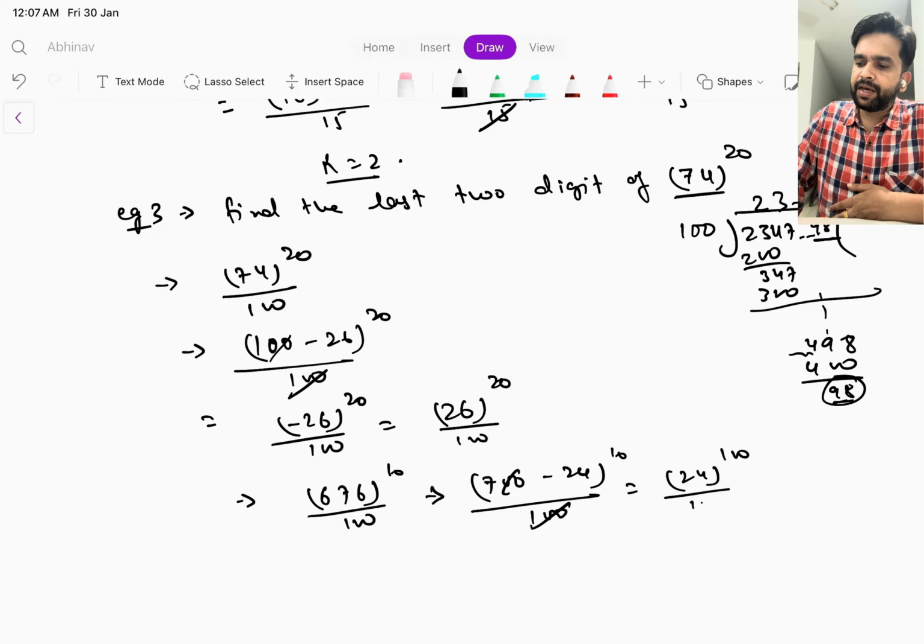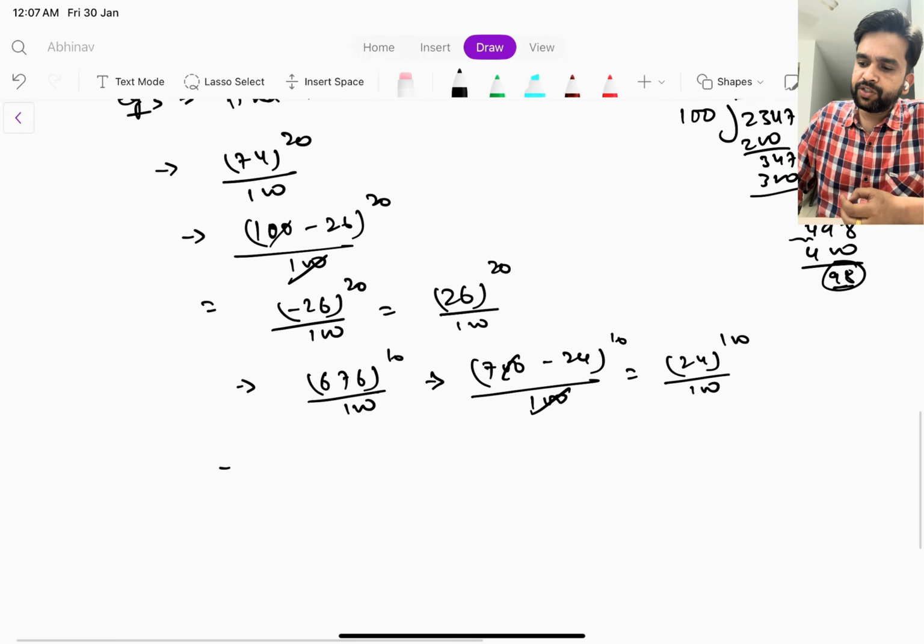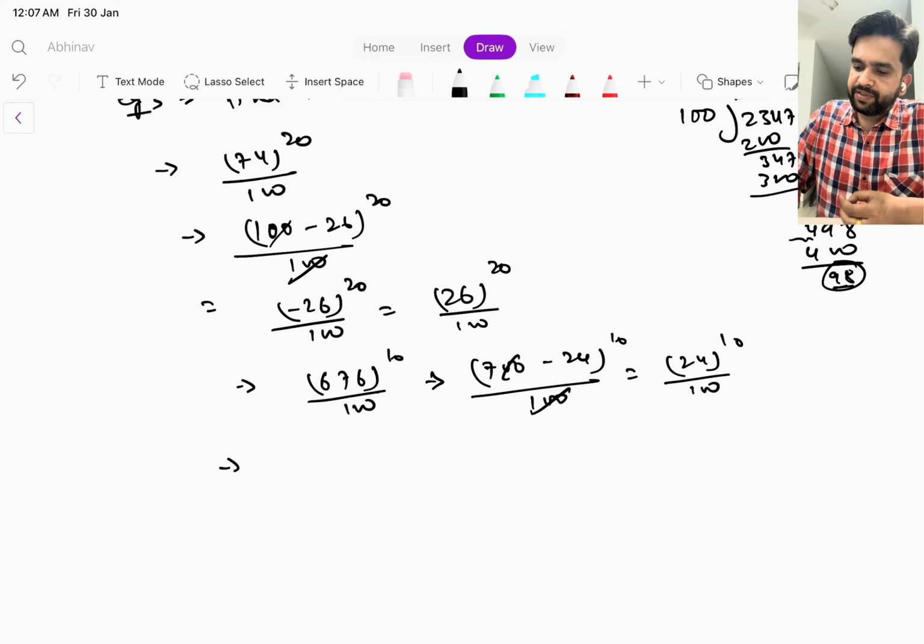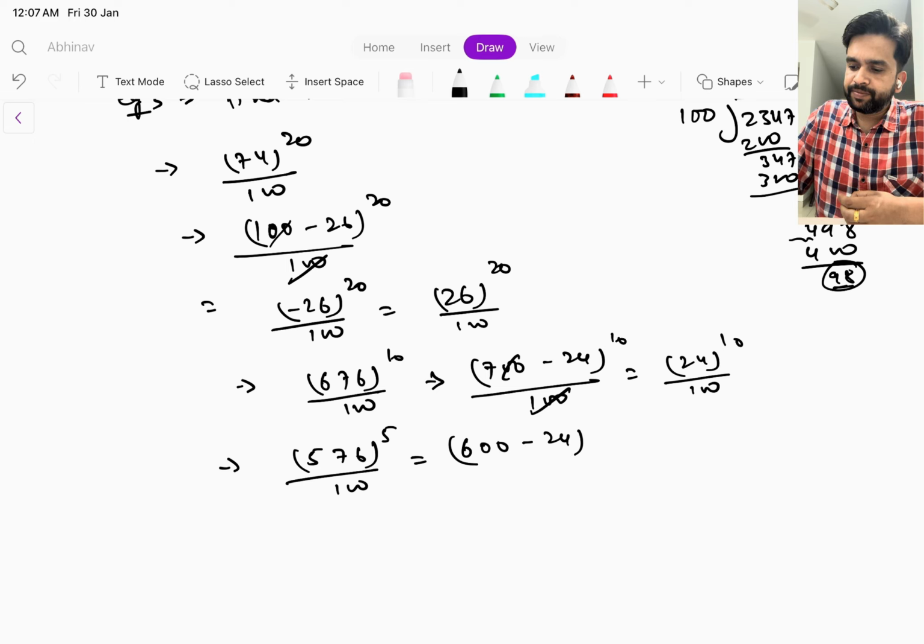Again I'll make 24 raised to power 10 as 576 raised to power 5 divided by 100. Now this can again be rewritten as 600 minus 24 raised to power 5 by 100.